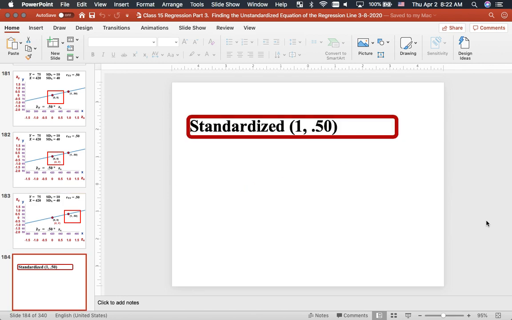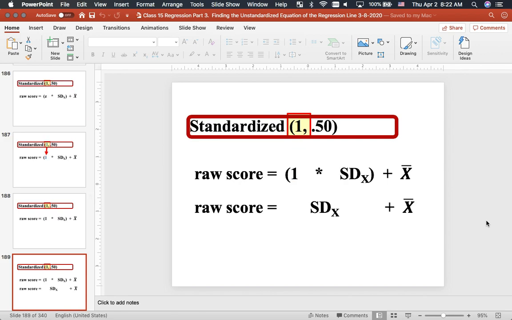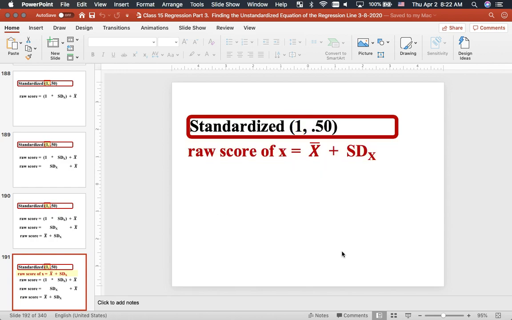Look at the standardized point right here. Okay, 1, 0.5. So 1, let's convert that to a raw score. Let's just plug it in right here. If we plug that in, you can see that we get SD of x plus the mean of x. So our raw score for this would be the mean of x plus SD of x. Okay, so that's a raw score of x equals the mean of x plus SD of x.